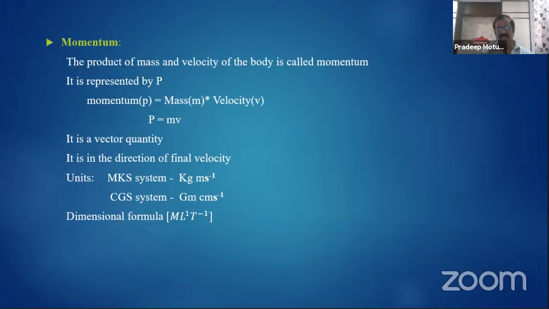If you want to measure the momentum in terms of CGS or MKS: in the CGS system, mass is measured in grams and velocity in centimeter per second.